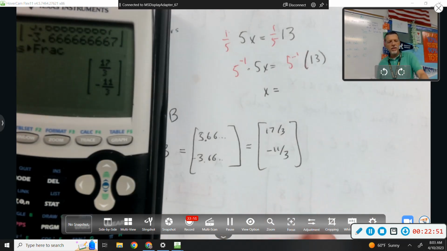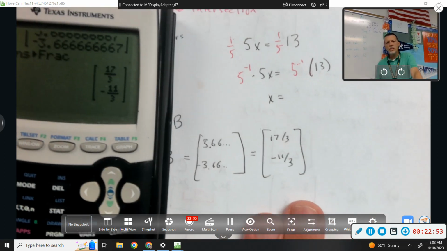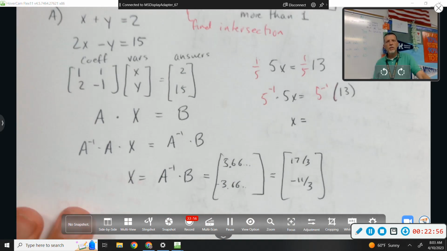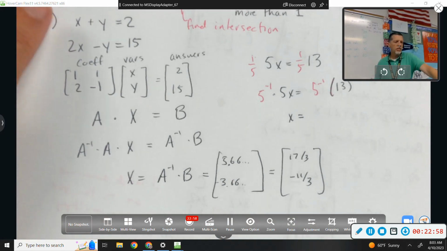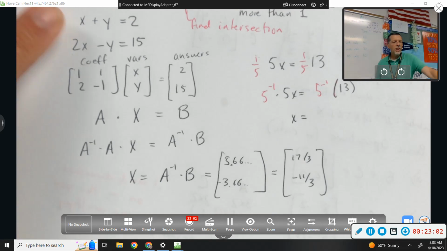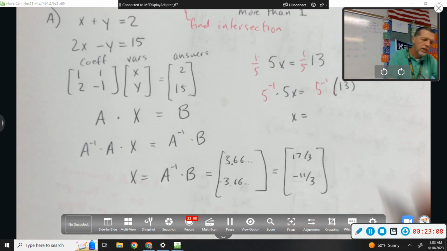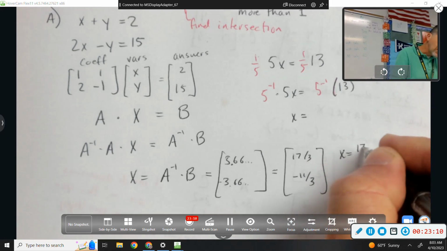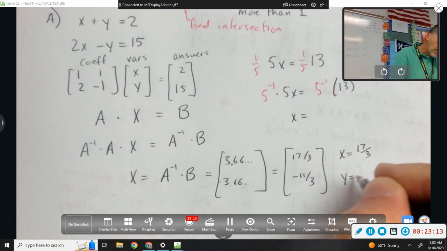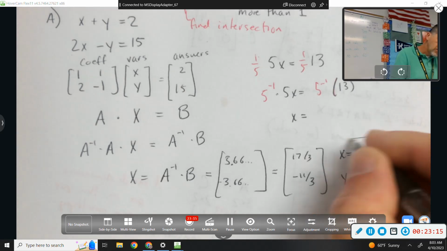Okay, that's not quite how I want your answer, because way back when this problem started as a system of equations, I wanted x and y. All you did is tell me that's the answer. You haven't told me who's x and who's y. So your answer is x equals 17 thirds, y equals negative 11 thirds.